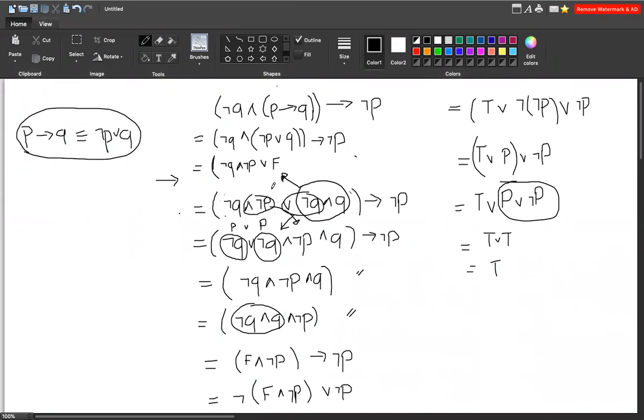Okay, and here, if you might have noticed, this one was one of the trickiest parts in this whole proposition. So if you know how to do this, here this conjunction with the disjunction, you have to open it up properly like this, right?